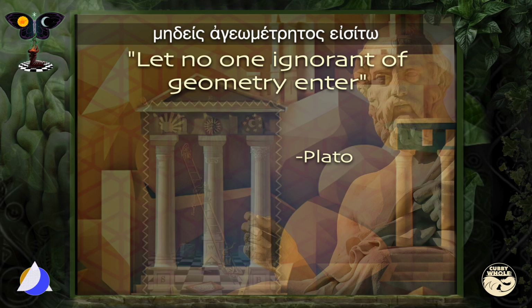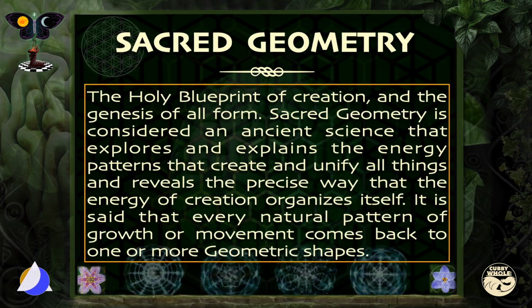So what is sacred geometry? Well, sacred geometry is essentially the holy blueprint of creation, and it's the genesis and the origin of all form. Sacred geometry is considered an ancient science that explores and explains the energy patterns that create and unify all things, and it reveals the precise way that the energy of creation organizes itself. And this is something that we can see in cymatics.